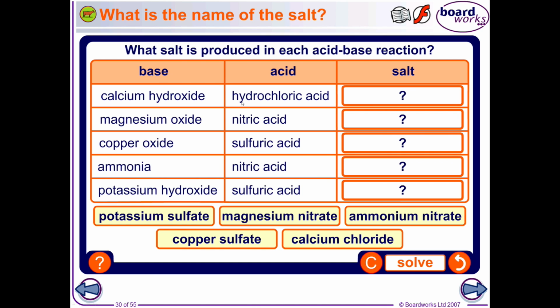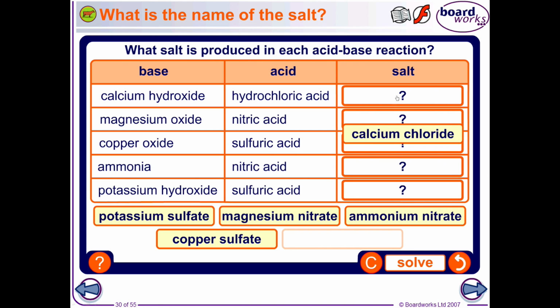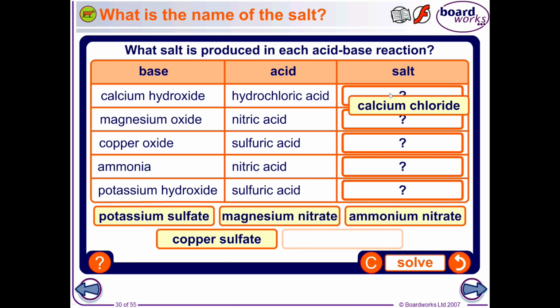Hopefully you can realise that the salt there is going to be calcium chloride, because we've used the metal calcium, and then hydrochloric acid gives us a chloride in our salt. Now I'm going to recommend that we pause the video now and let you work out the name of the following 4 salts, and then in a couple of moments I'll go over those.